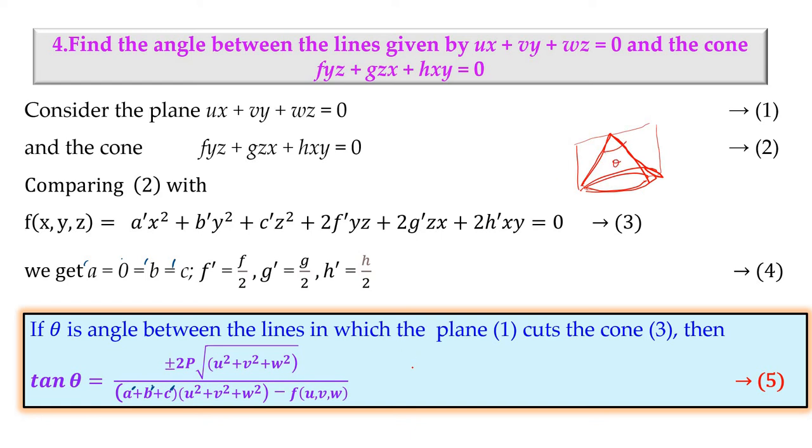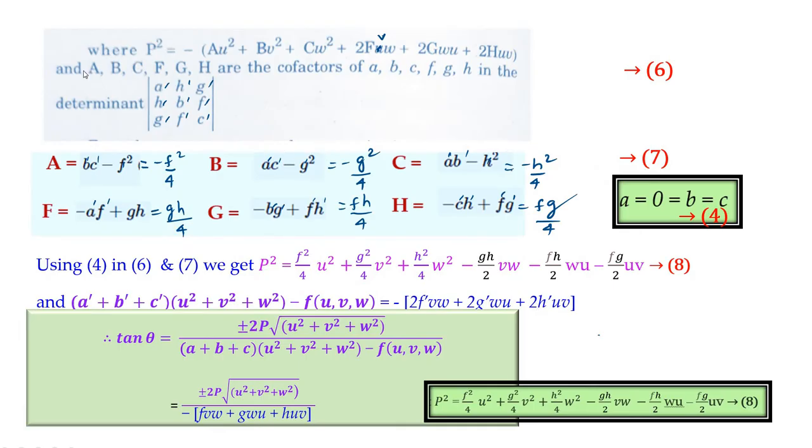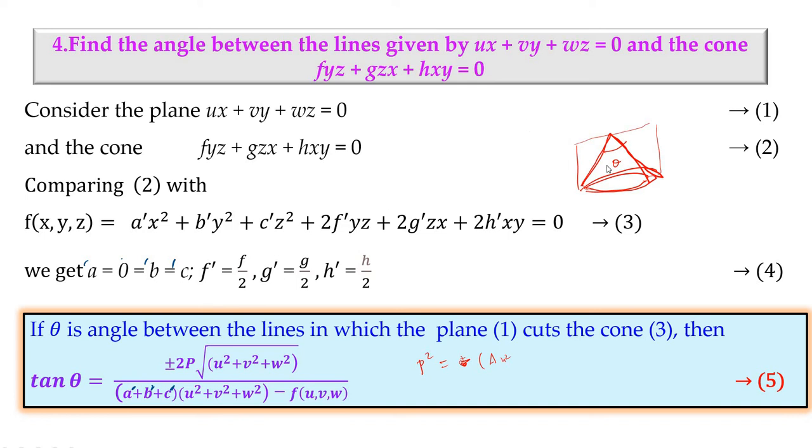That's given by tan theta, and tan square theta is given by plus or minus, such a big expression: P square over minus of A u square plus B v square plus C w square plus 2F v w plus 2G w u plus 2H u v. So that is tan theta in general for a given cone and a plane.